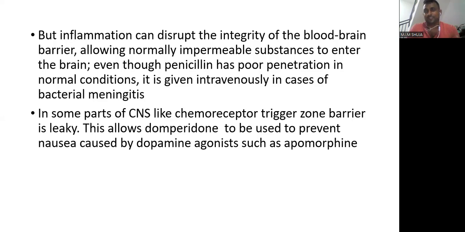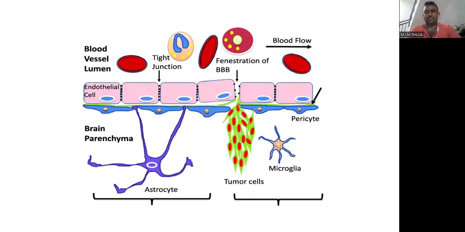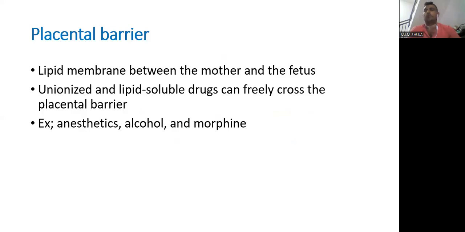That is a good thing for your body. Usually penicillin is water soluble, so it will poorly penetrate the blood-brain barrier. When there is bacterial meningitis, the blood-brain barrier is affected. So this poorly penetrating penicillin goes to your brain and kills the bacteria. This is just a diagram. You all know this.